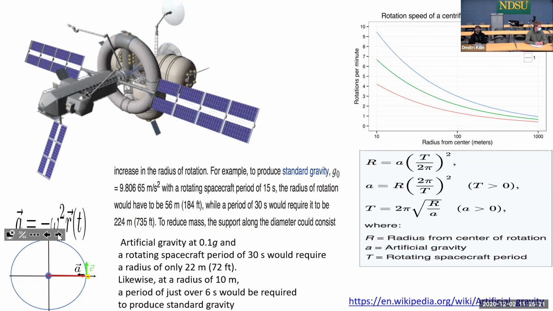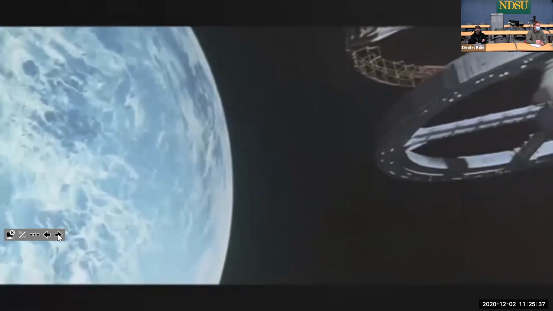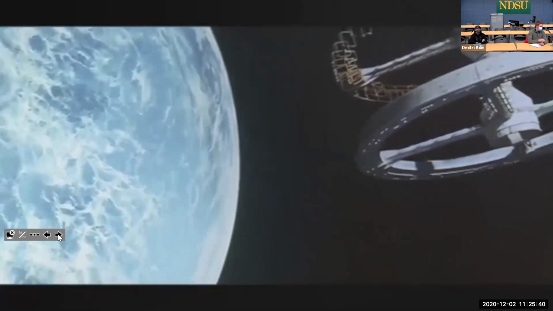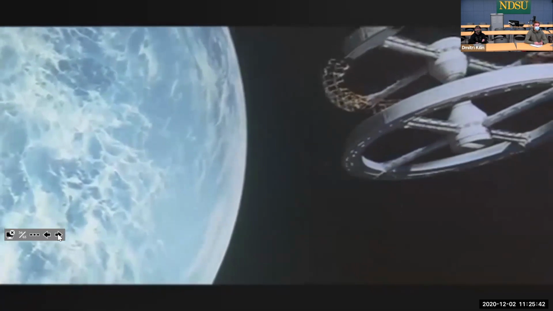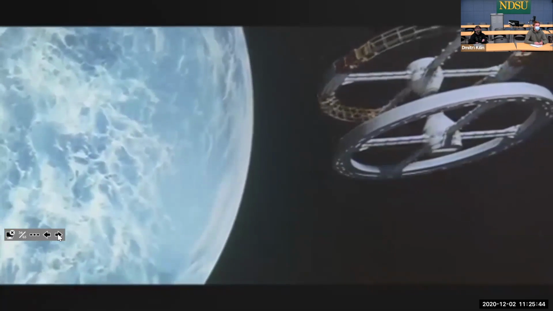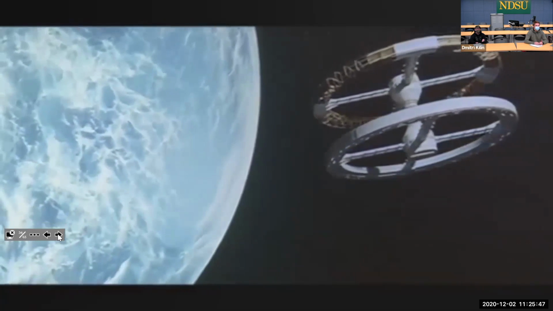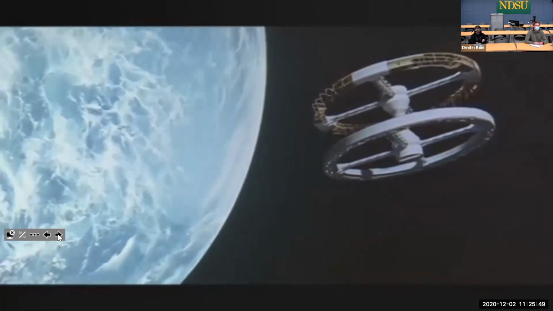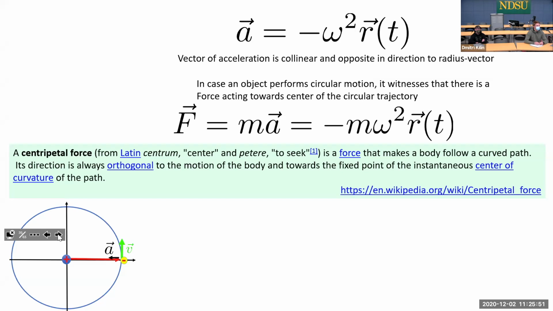And there are calculations telling what should be the velocity and the radius to mimic the Earth's gravity, and it's not huge. One can do it with modern engineering. Here are some examples. So this is not a new idea, it was in one of the science fiction movies.